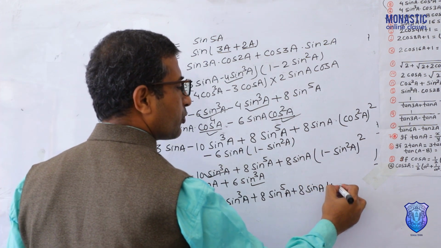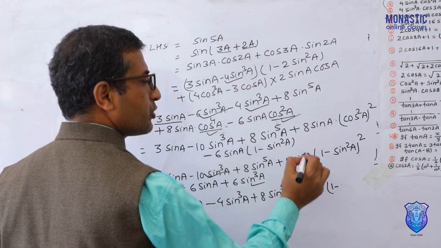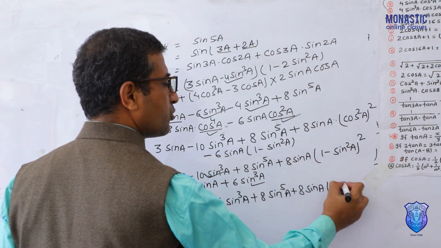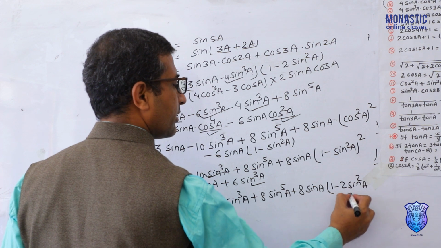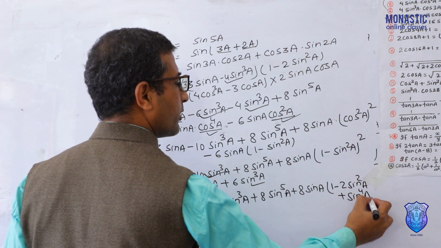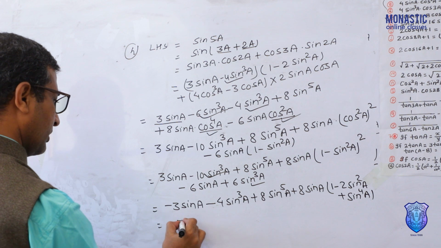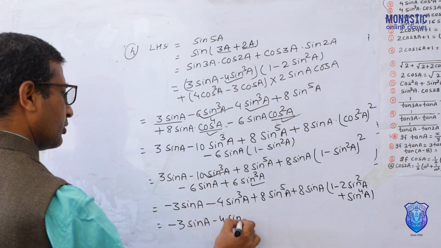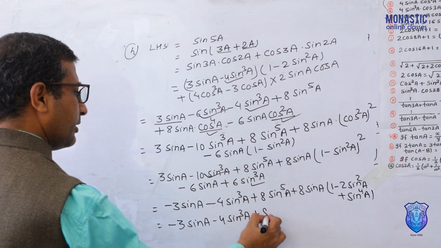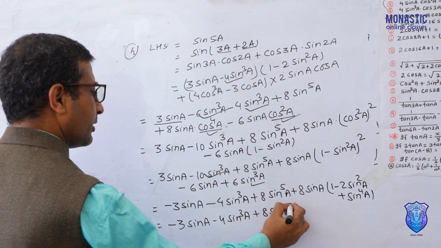A square, 1 square is 1, minus 2AB, 2 into 1 into sine square A, 2 sine square A, plus sine to the power 4A, minus 3 sine A minus 4 sine cube A plus 8 sine to the power 5A.